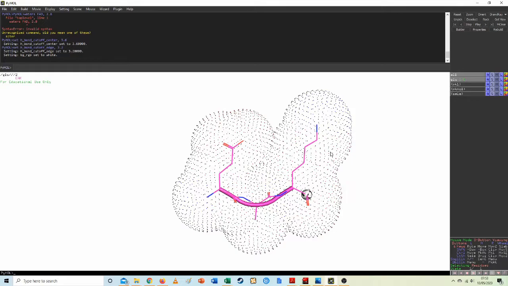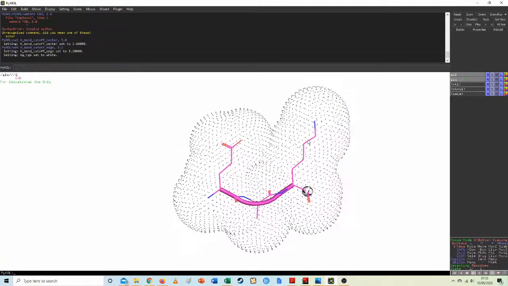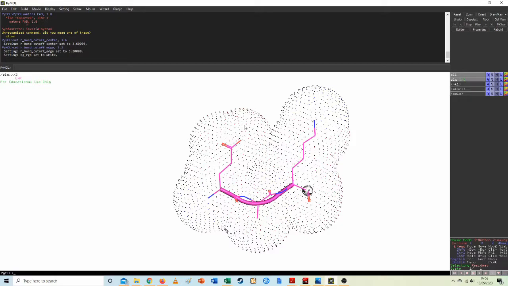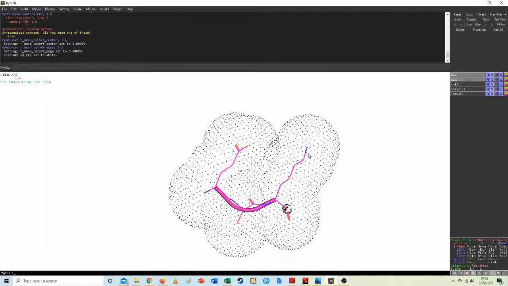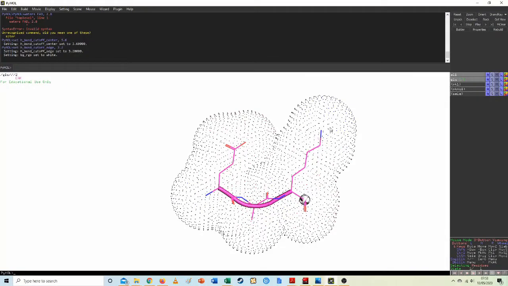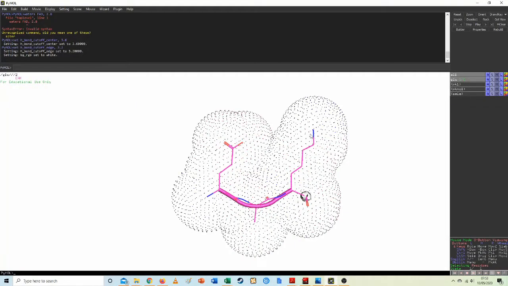So even with an extremely short polypeptide chain and just 2 points of formal charge, we've got an ionic bond kind of forming. It's not a classic ionic bond the way that I would imagine it, but it's certainly pulled these 2 parts of the molecule together like that.